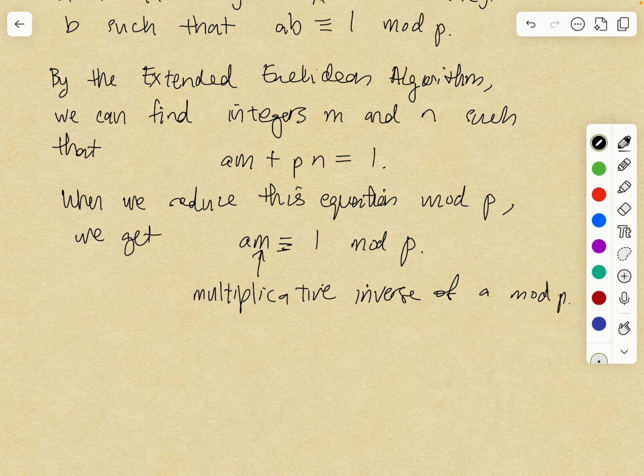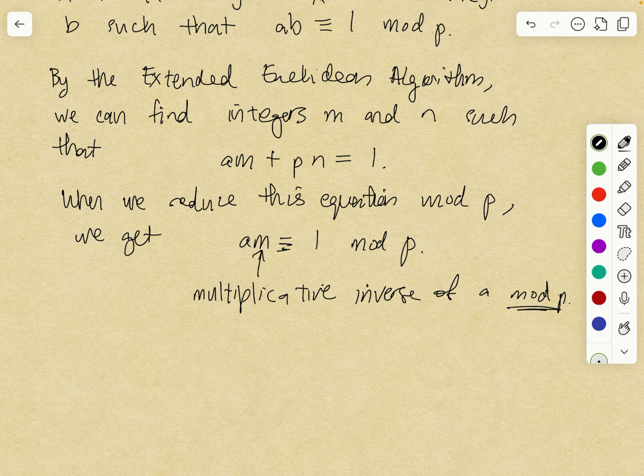Okay. Just a reminder that when we talk about the multiplicative inverse of a mod p, this means the mod p multiplicative inverse. In the real number system, the multiplicative inverse is just the reciprocal. So the multiplicative inverse of 2 is a half, because 2 times a half is 1. That's not what we mean when we talk about the multiplicative inverse in mod p arithmetic. This is a different number system.